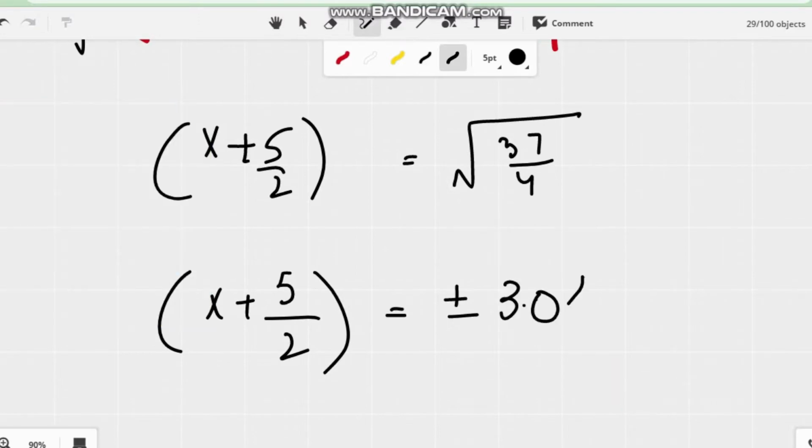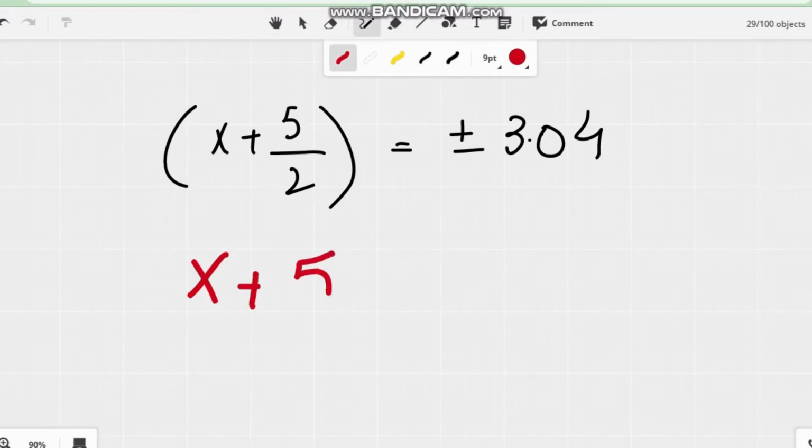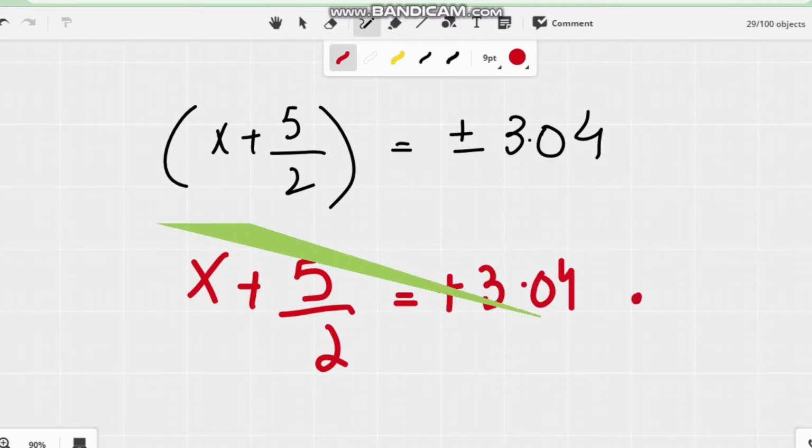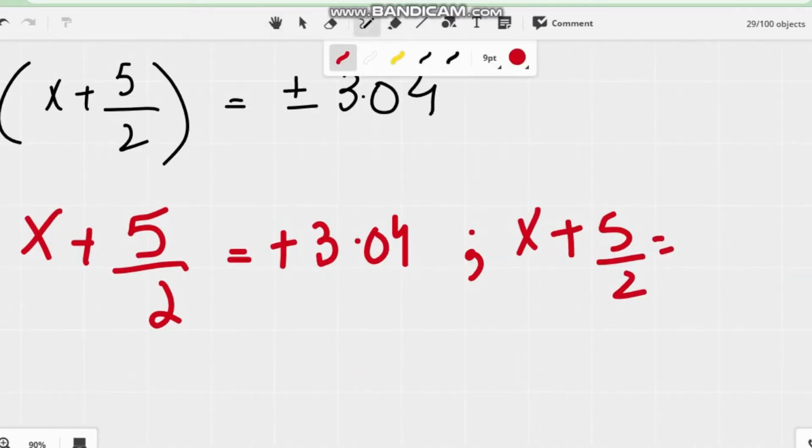I will just write as this, and then as we know, we have to write with positive and negative sign both, so that's x plus 5 over 2 equals positive 3.04, and the second one would be x plus 5 divided by 2 equals negative 3.04.